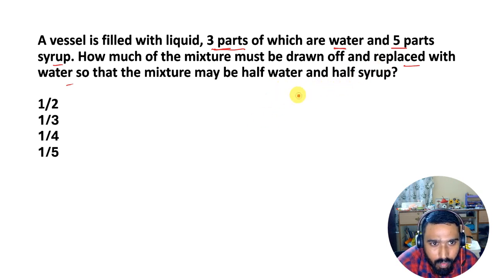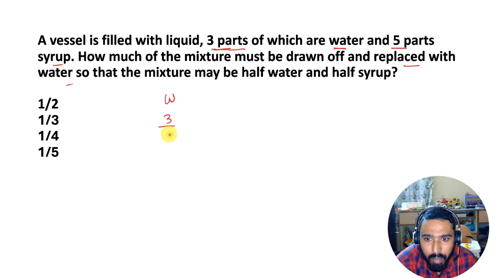Let's say out of the total mixture, water is 3 parts out of the total 8 parts, because 3 plus 5 is 8 parts. From this mixture some mixture is removed.